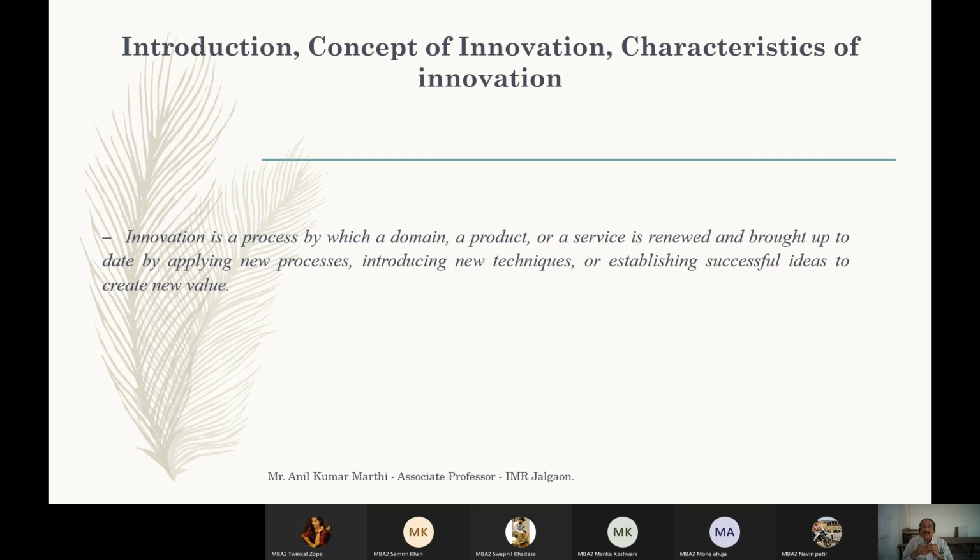That is what is very distinctly given in this particular definition. A service is renewed and brought up to date by applying new processes, introducing new techniques, or establishing successful ideas to create a new value. I hope you understood the concept or the definition of innovation.